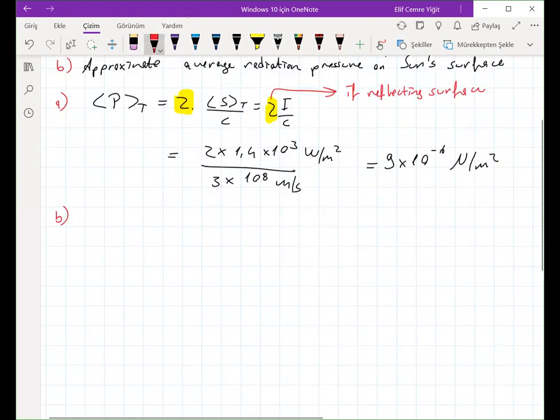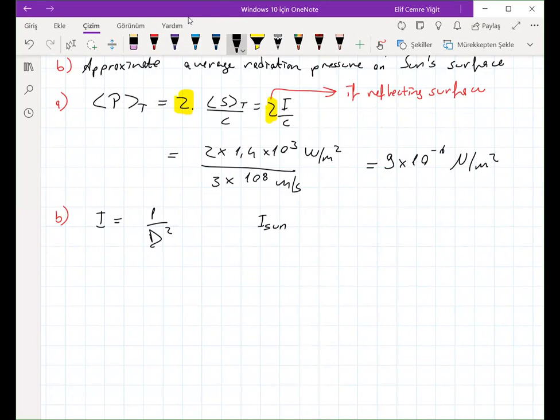In B, it asks to approximate the average radiation pressure. So we know that the intensity will be changing. Let's write it in this way, 1 over d square, and we will go to inverse. What do I mean?